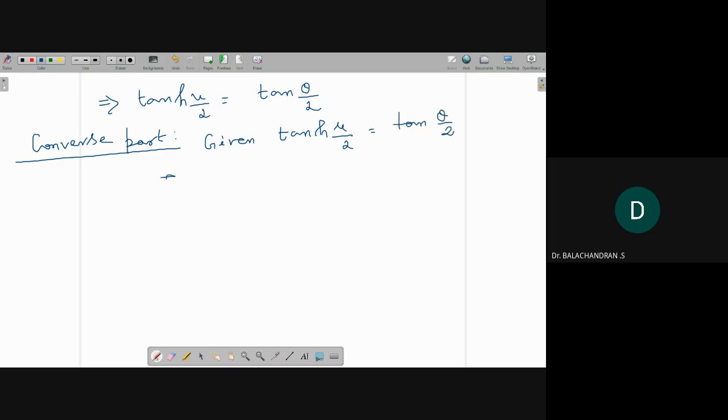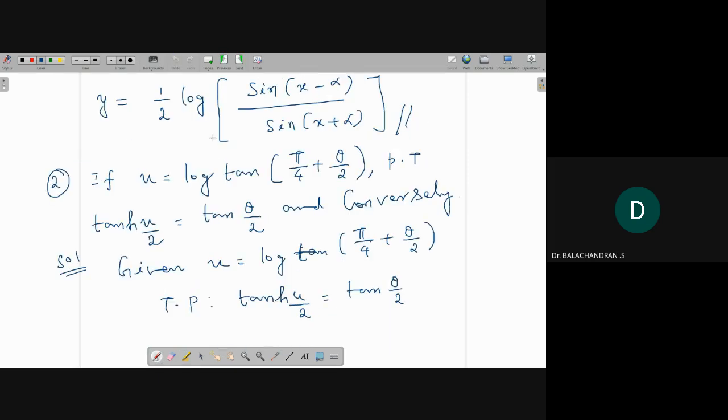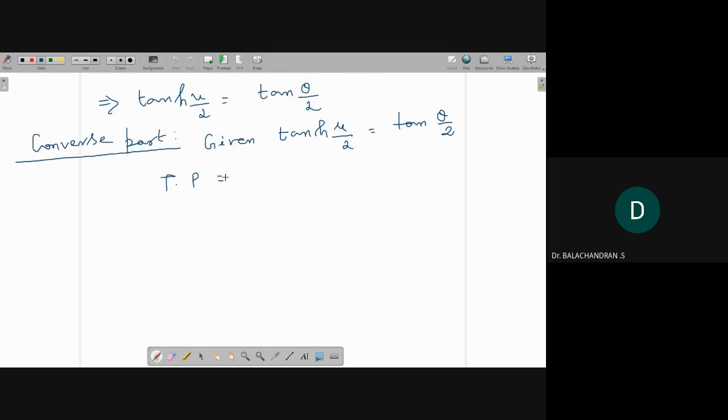You need to prove that U equal to log tan of pi by 4 plus theta by 2.